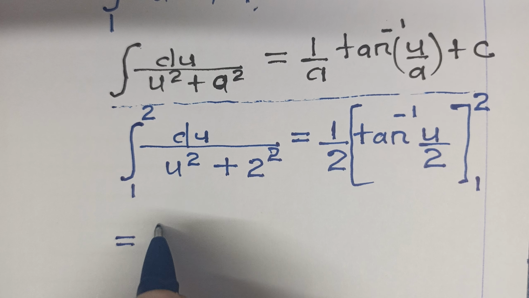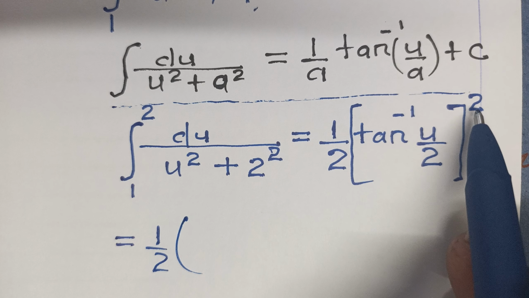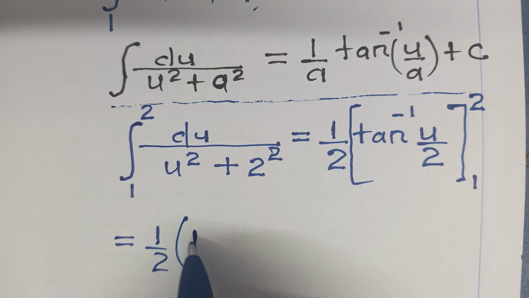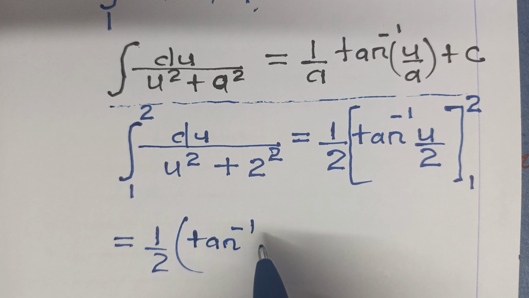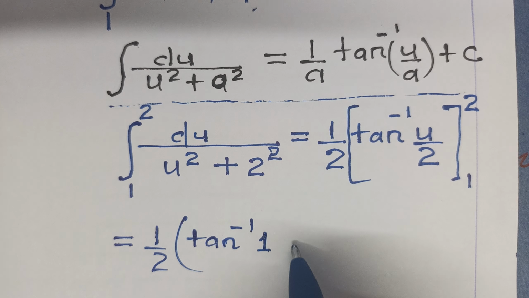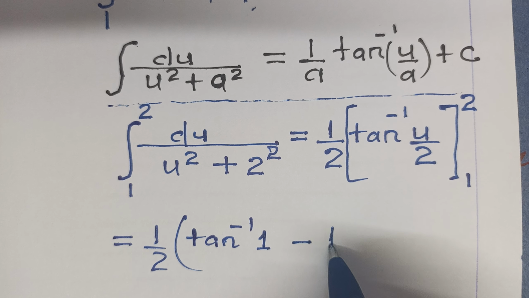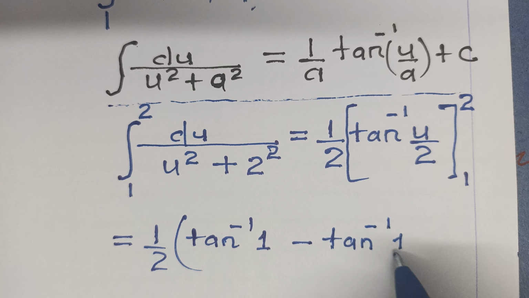This now comes to a half, and then the upper limit is 2, that is tan inverse of 2 over 2, which is 1, minus tan inverse of 1 over 2.